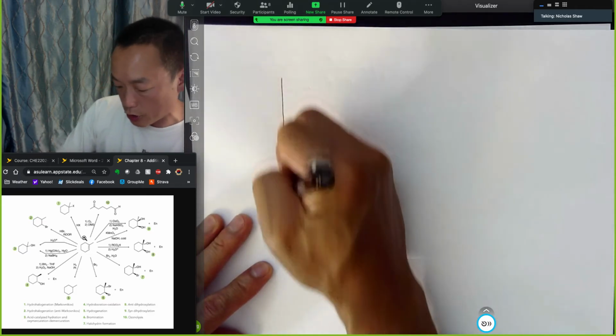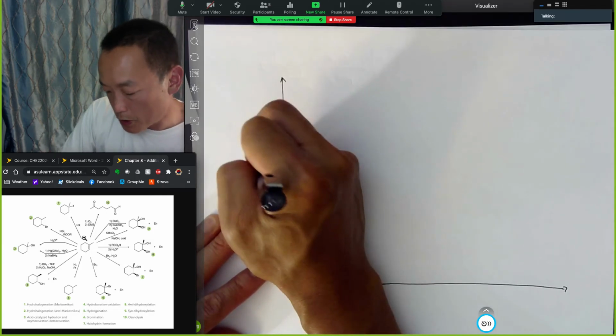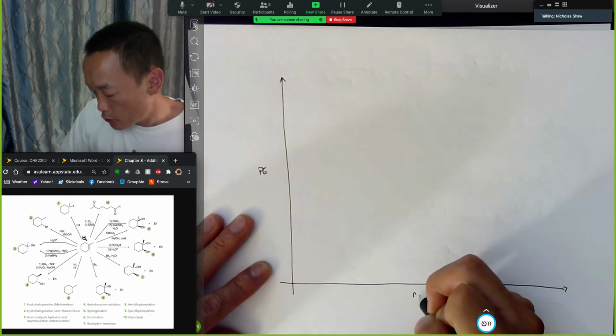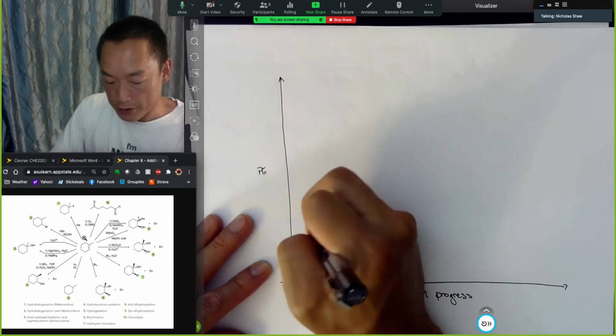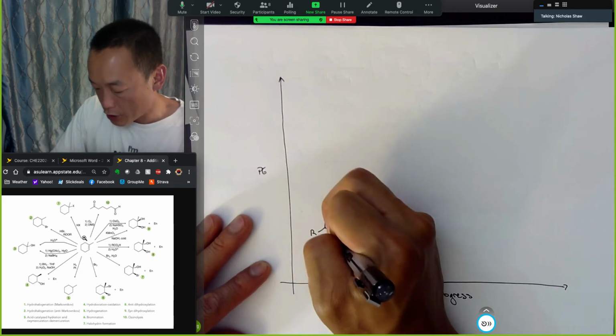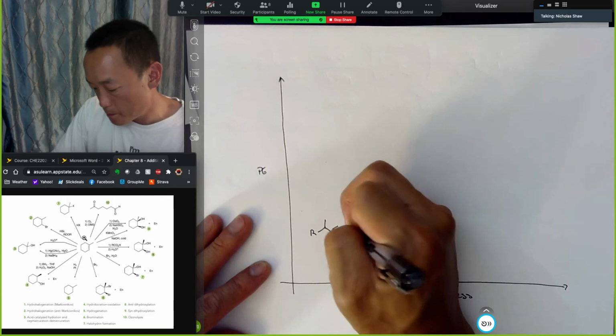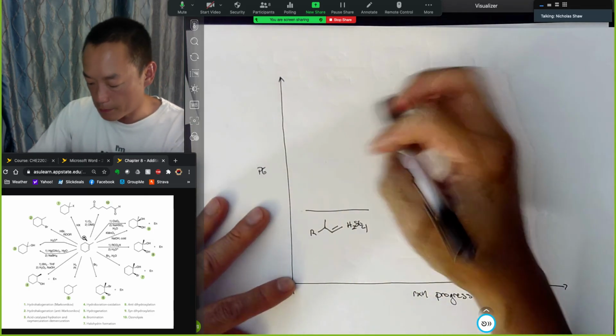Where else could this show up on the examination? Potential energy, reaction progress. Perhaps then I'll have a reaction coordinate diagram that looks like this.